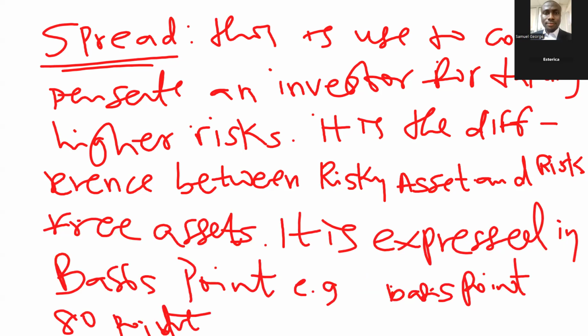So 50 basis points is equal to 50 divided by 100, and 80 basis points is equal to 80 divided by 100. Then you add it to the risk-free rate.